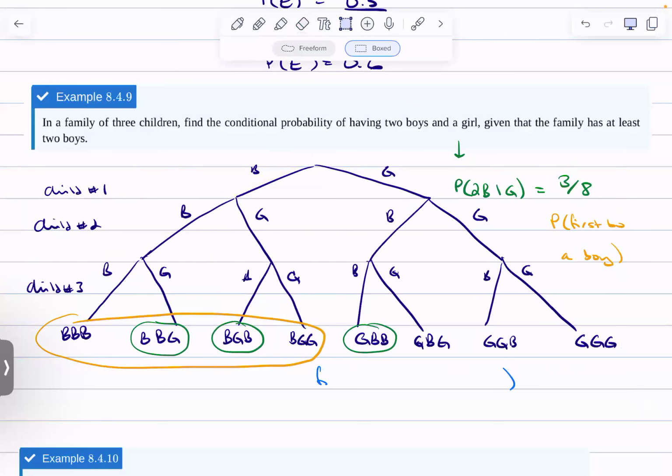So if we've defined our E and F, then we can find the probabilities that we need. Let's see here. Add a page.